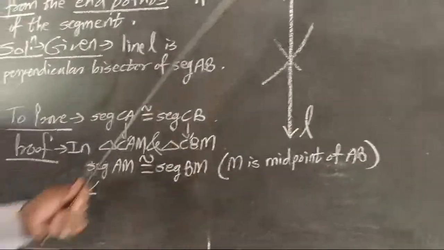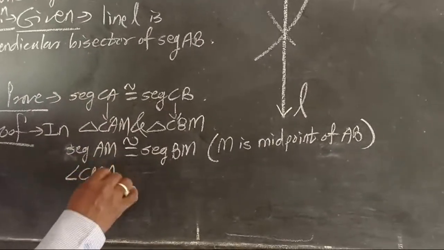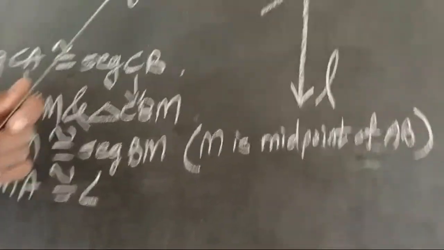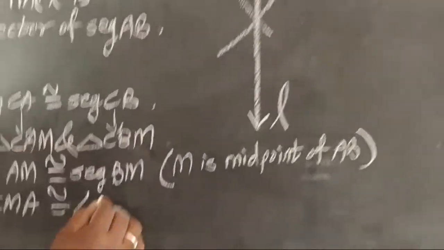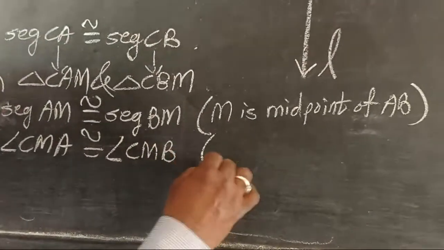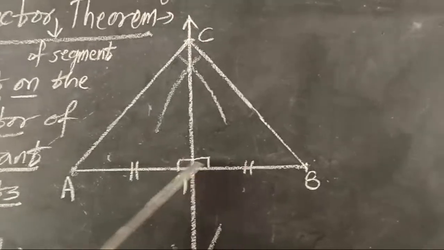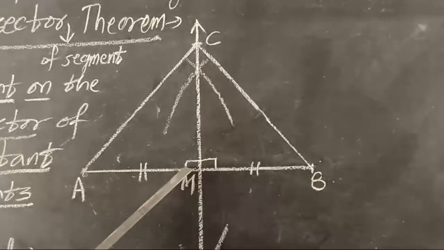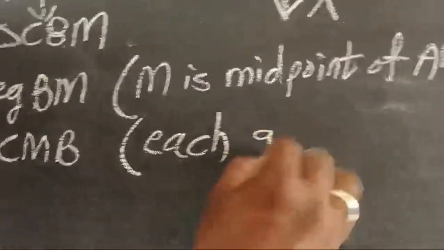And the reason is why these angles are congruent. The reason is, good, each 90 degree. That is the correct answer. Each 90 degree.